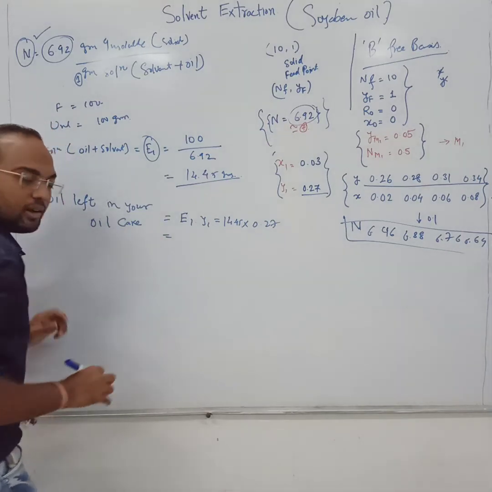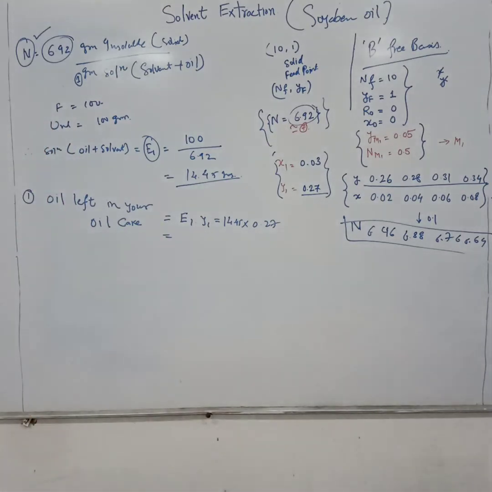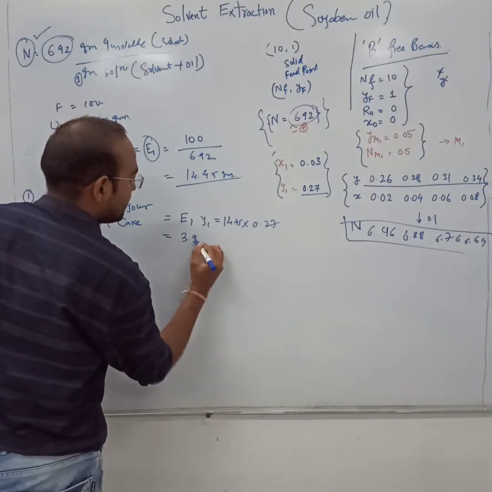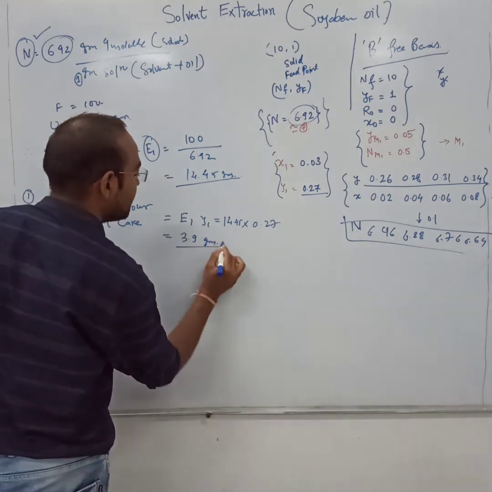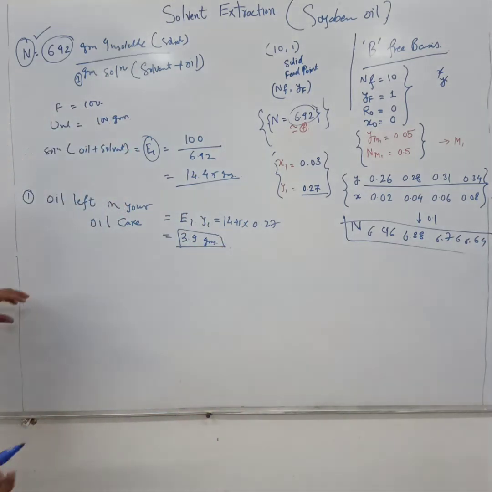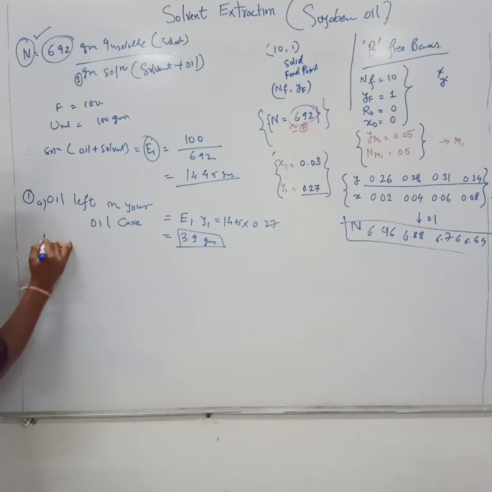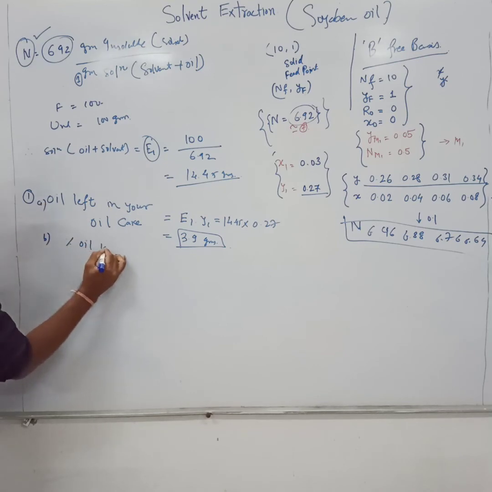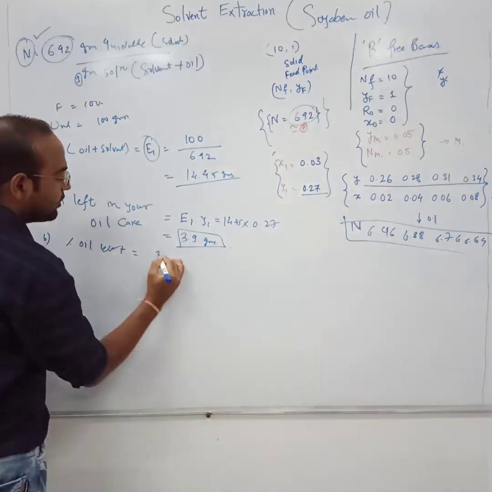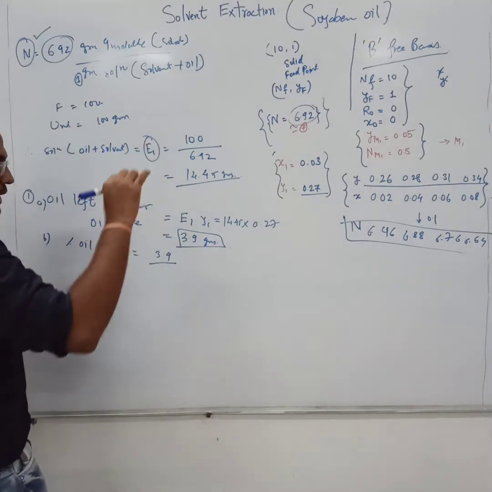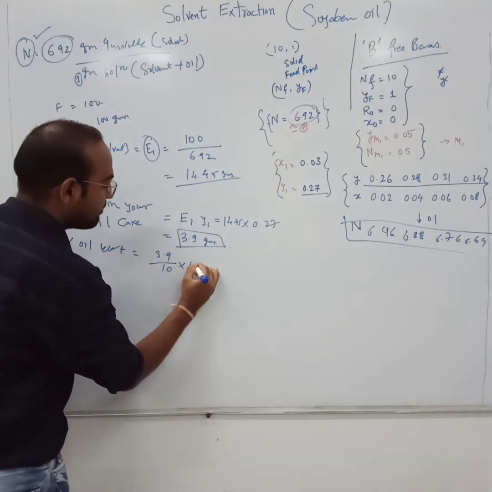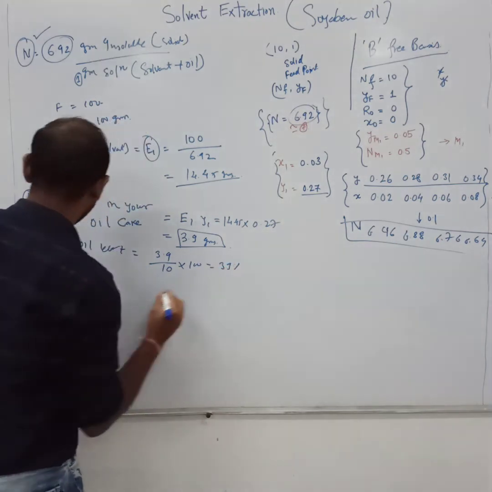So the approximate value is 3.9. So 3.9 grams of oil is still left in your oil cake after a single leaching operation. Similarly, the percentage of oil left equals 3.9 upon the total oil present in our seeds, that is 10 grams, so it is 39%.